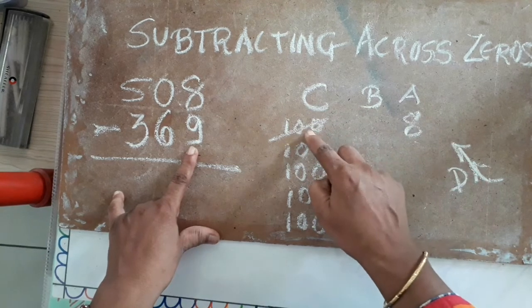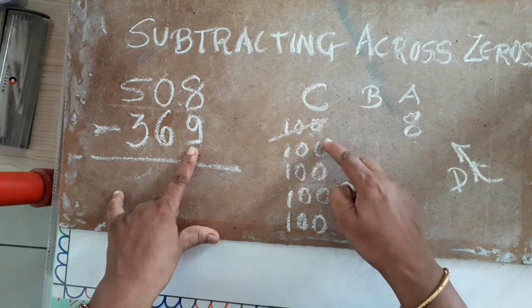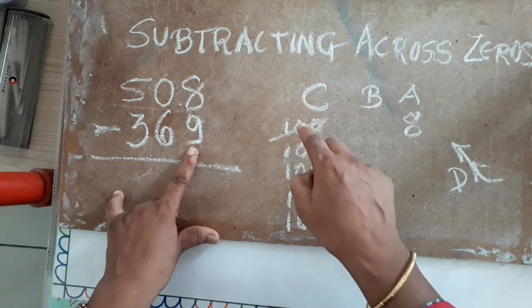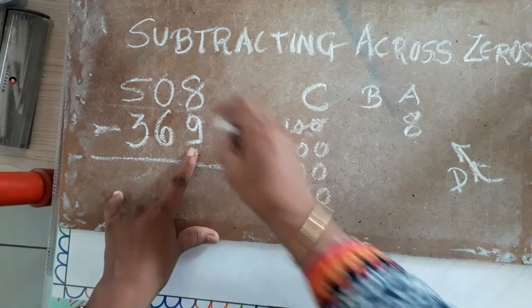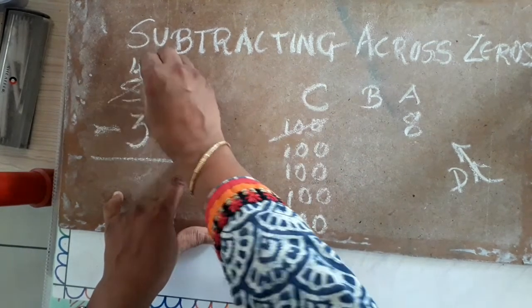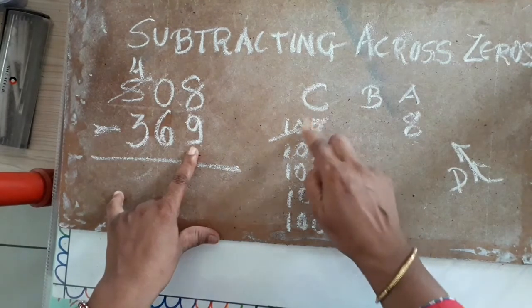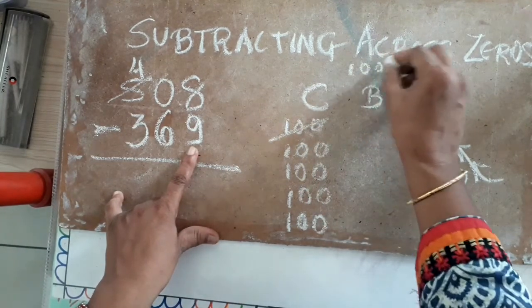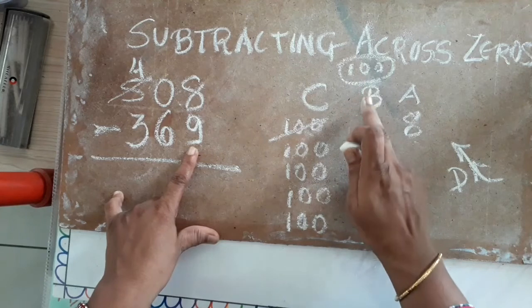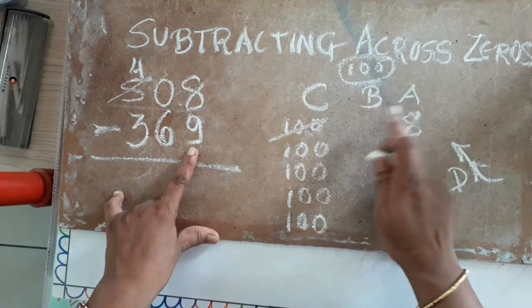So here what happens, instead of 500s, he is left with only 400s. Okay, now he has given 100 among these two persons.